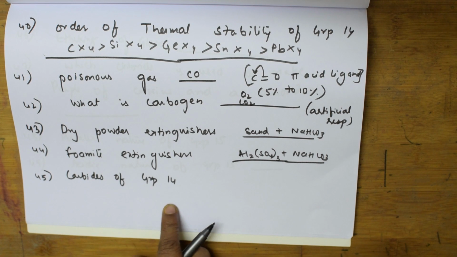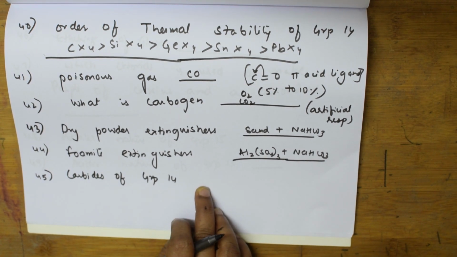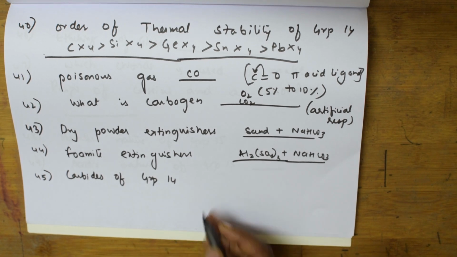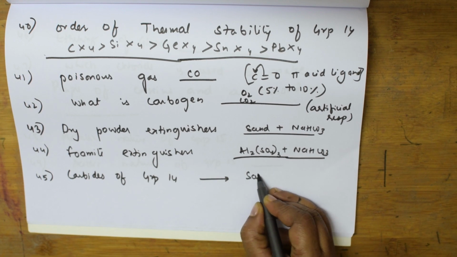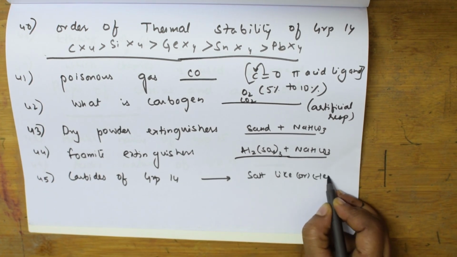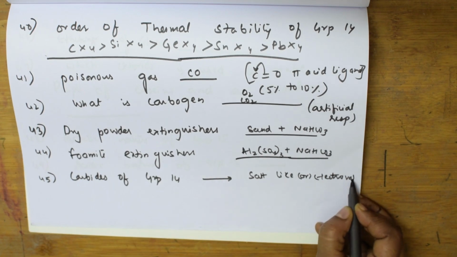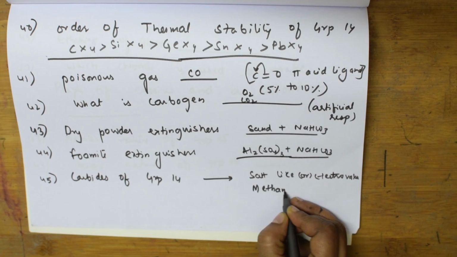Right. What are the carbides of group 14? What are the different types? They form salt-like or electrovalent carbides. Let us write: all carbides of group 14 are salt-like or electrovalent. Then they form methanides.